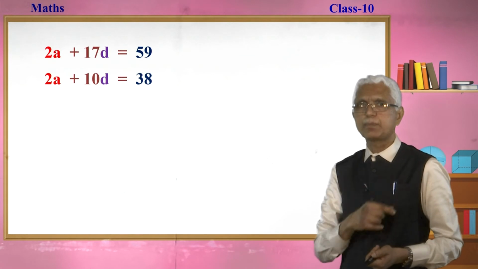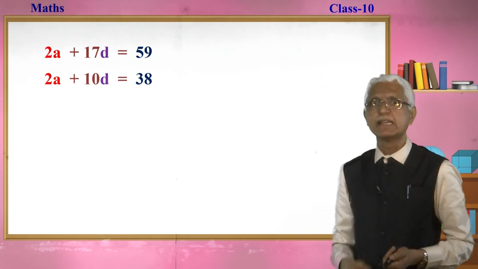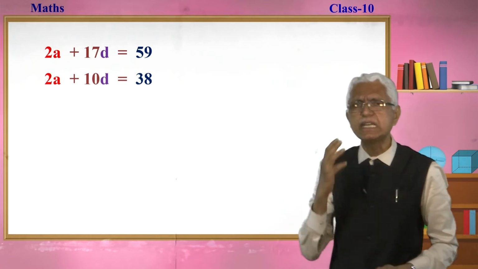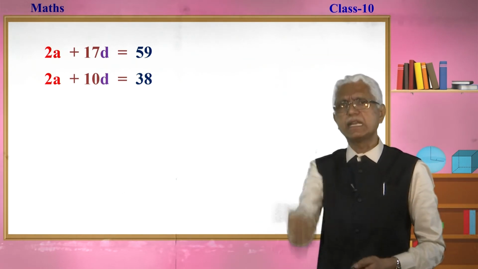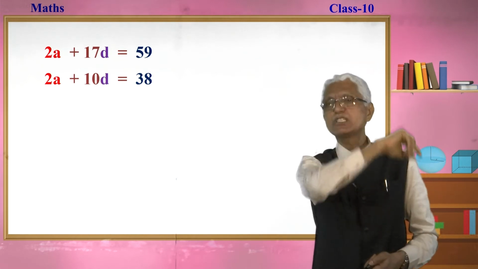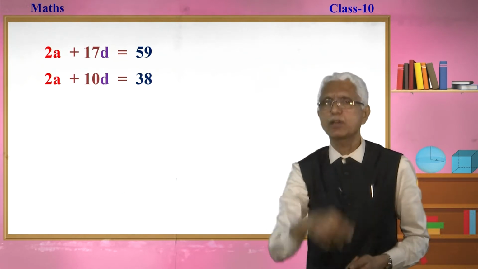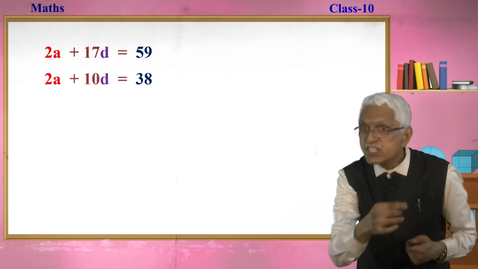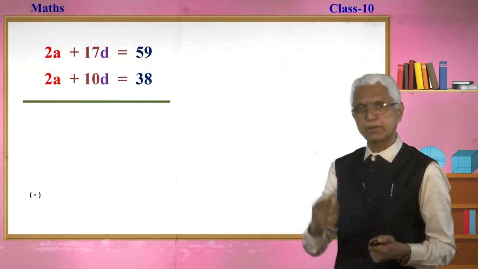Second equation is 2A plus 10D is equal to 38. See the beauty. Who is going to be eliminated? I will not eliminate D because it is 17D, it is 10D. They do not have the same coefficient. Whereas 2A and 2A, coefficient is 2, coefficient is same. It is easy to eliminate. How will I eliminate? They have the same sign. So I change the signs of the lower terms. Please watch.